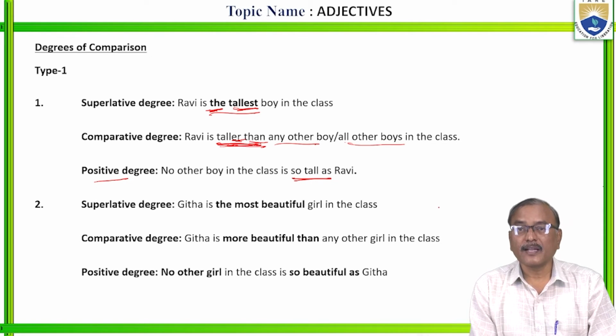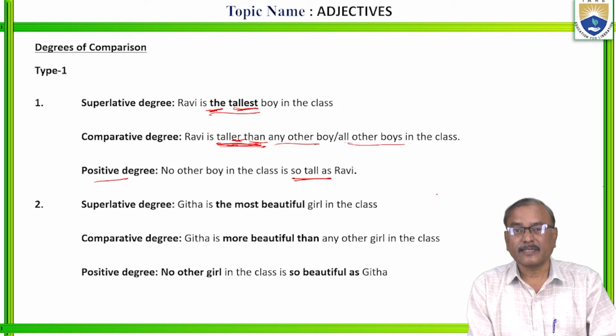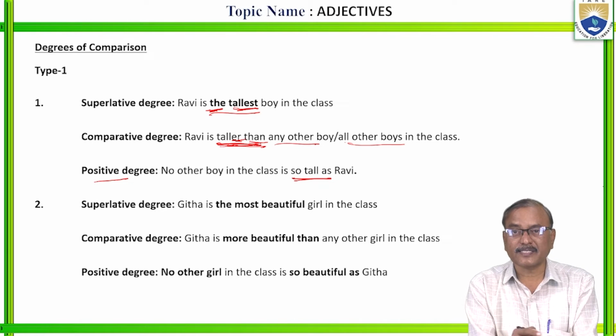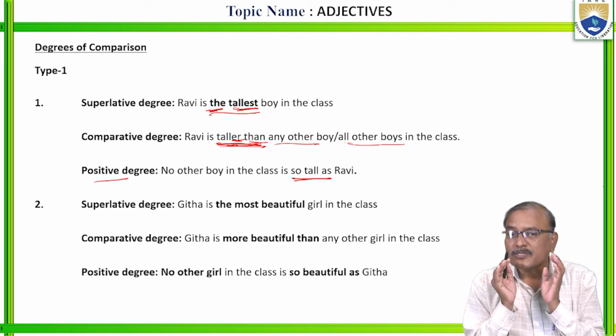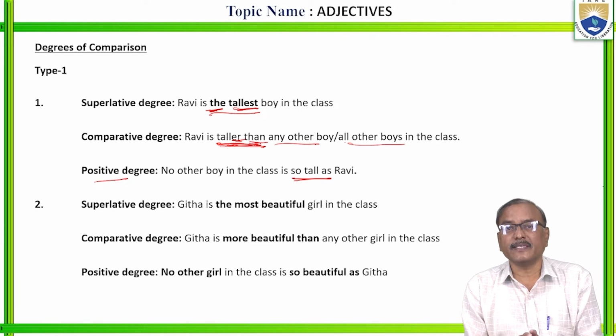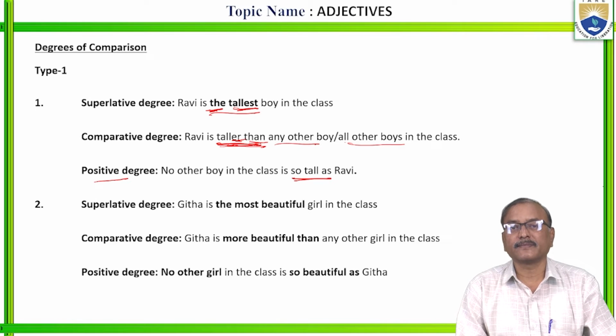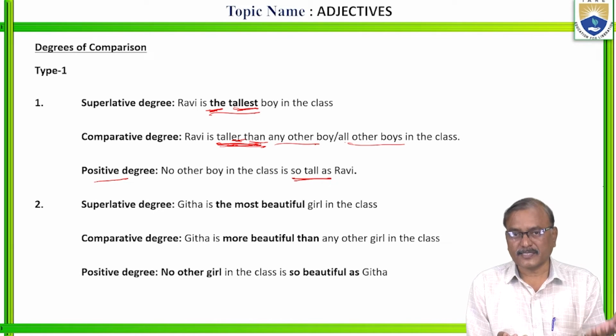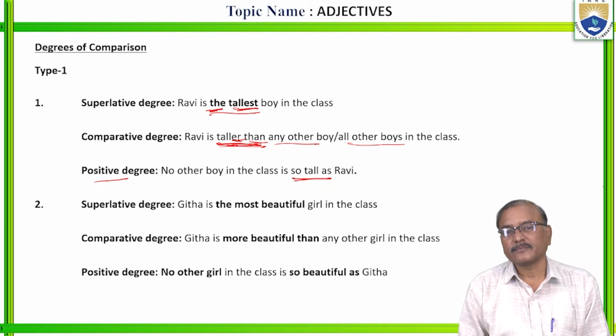Who is taller? Ravi is taller. Ravi is taller than whom? You have to question it. Don't blindly follow the structure. You should question yourself and get the meaning so that you can be correct. You have to give weightage both to the form, that is structure, and the meaning.